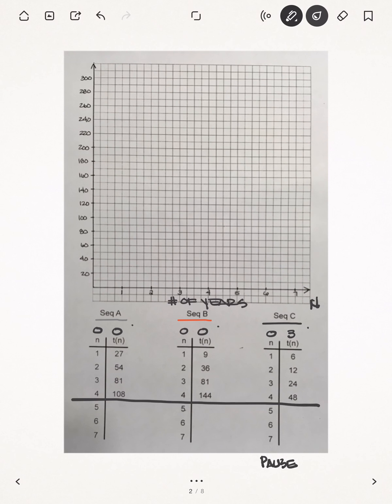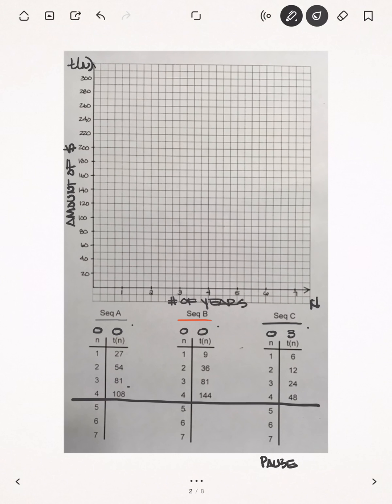And then the column where we normally have Y would be T of N. And what is that? That was how much money we have in the account. So that would be the amount of money in the account. So that's how you would label your axes. And now you are ready to graph.